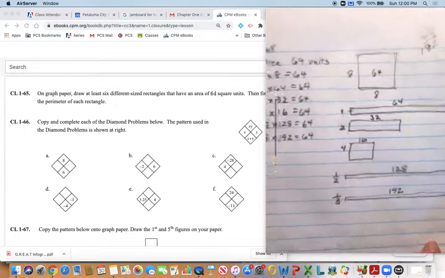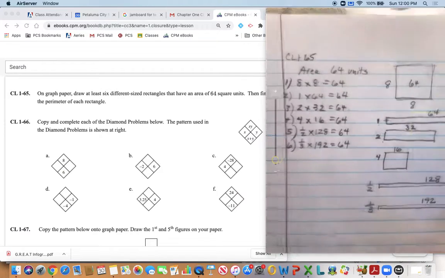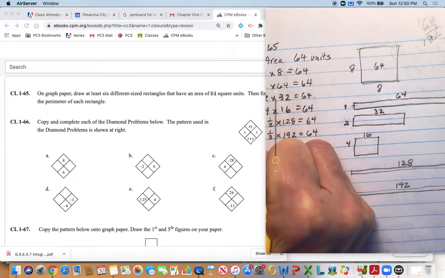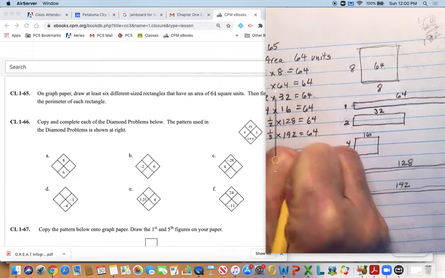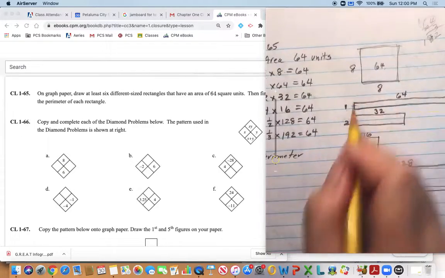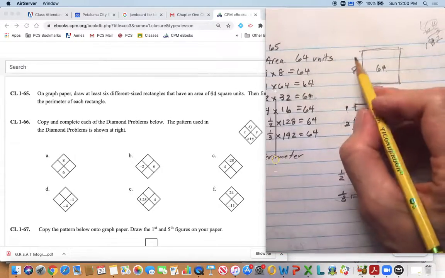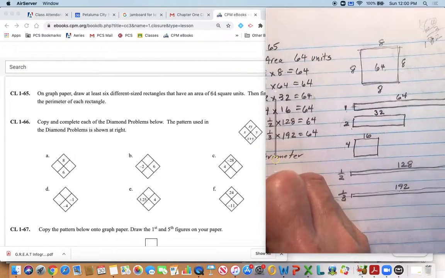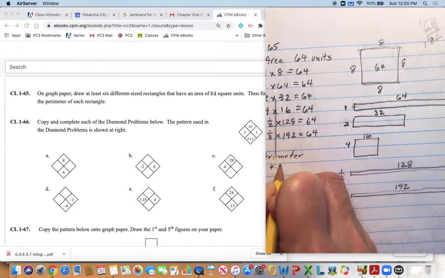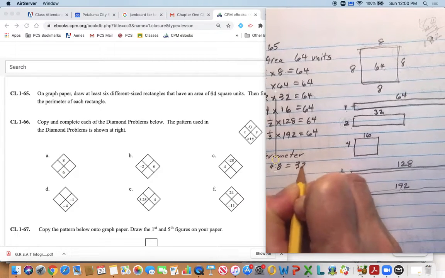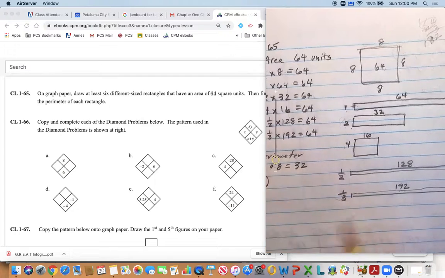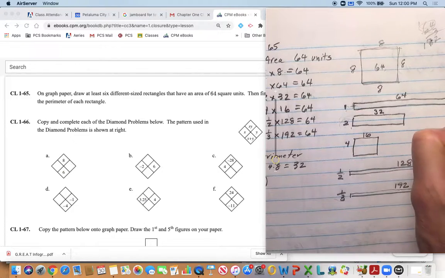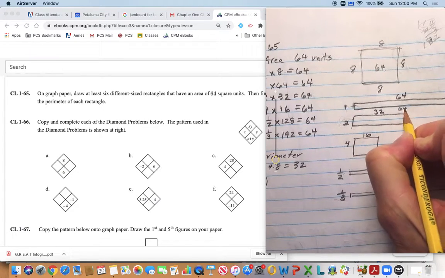Okay, so now we have to find the perimeter for each one of these. And we know that the perimeter is just the distance around. So for this one, it's 8, 8, 8. So it's 4 times 8. So for 1, it's going to be 4 times 8, or 32. That's our perimeter. For the second one, which is this one, we've got 64, 1 over here, and then 64 again.